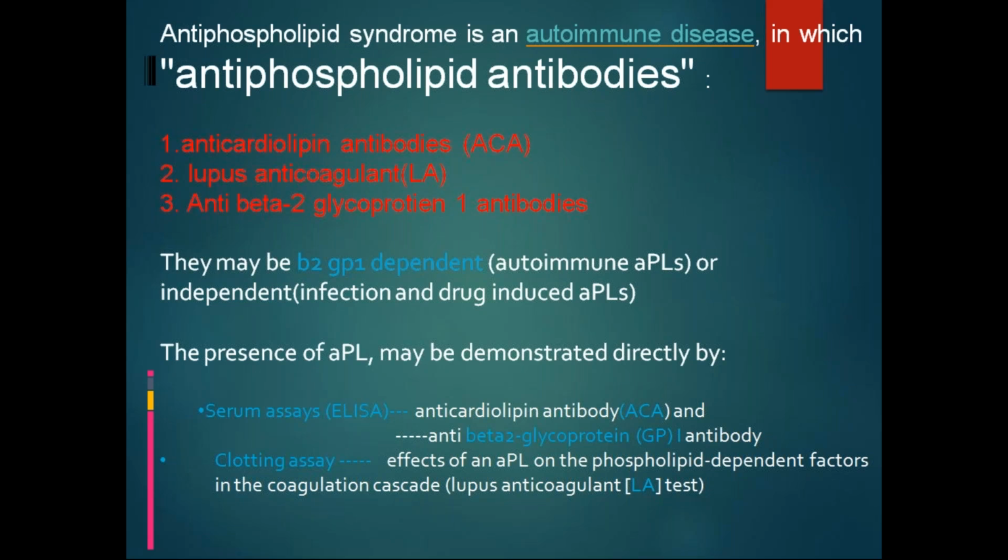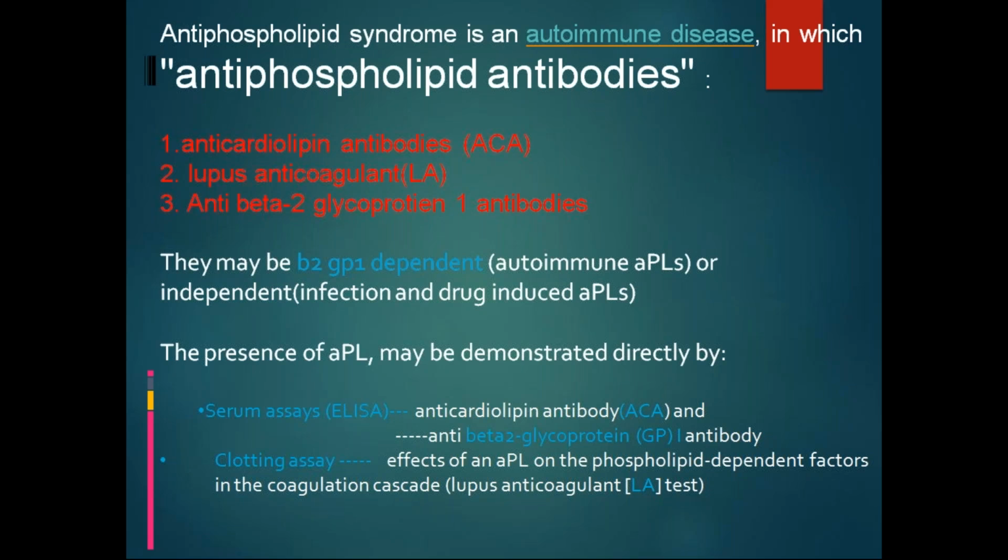The three antiphospholipid antibodies are anti-cardiolipin antibodies, lupus anticoagulant, and anti-beta-2 glycoprotein 1 antibodies. These three are very important. If a question is given on antiphospholipid syndrome, you can start with these three. If you mention these three names, I'm sure you will get half of the marks.